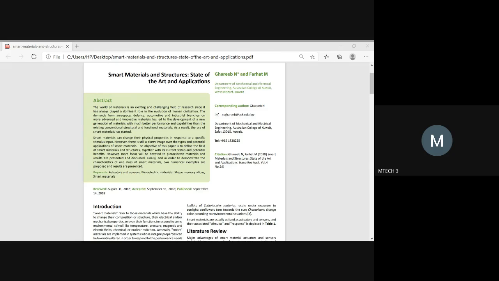Basically, this class of smart materials has a huge demand in the fields of aerospace, defense, automotive, and many other industrial branches we have studied earlier. They are given so much importance because smart materials can change their physical properties in response to external stimuli.